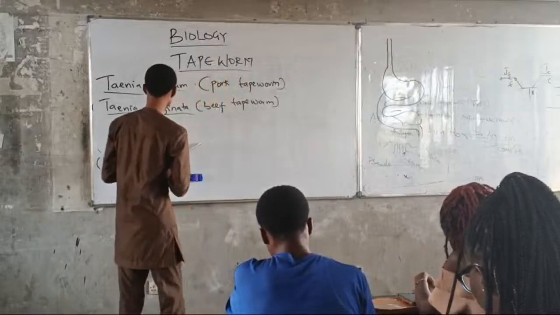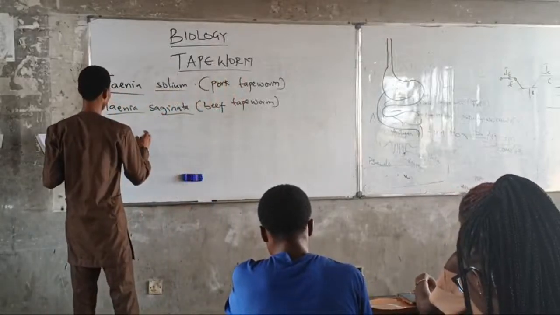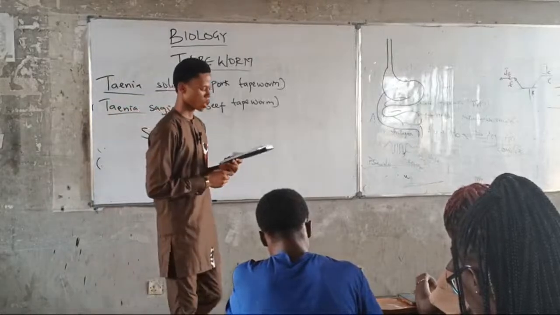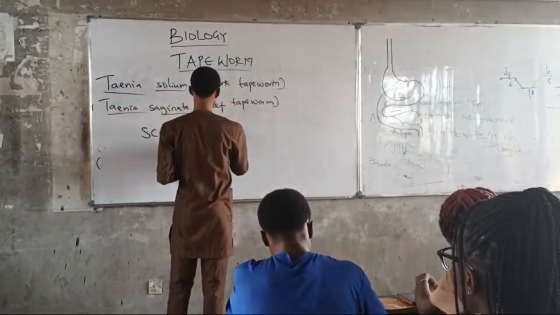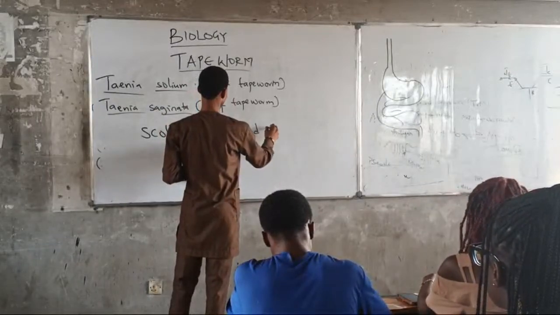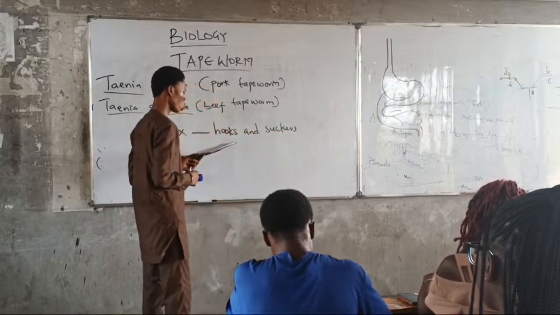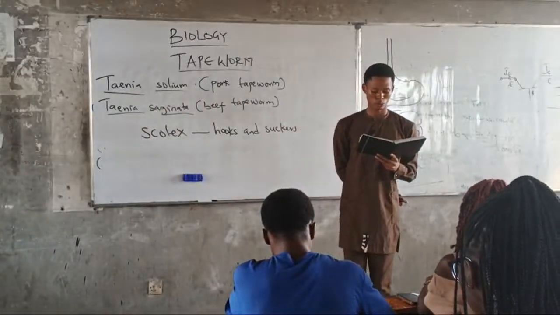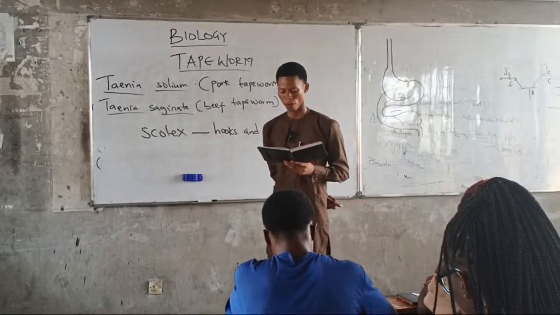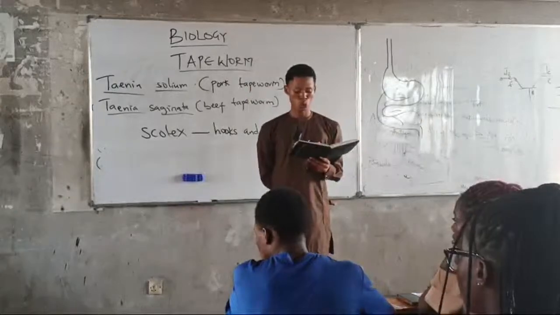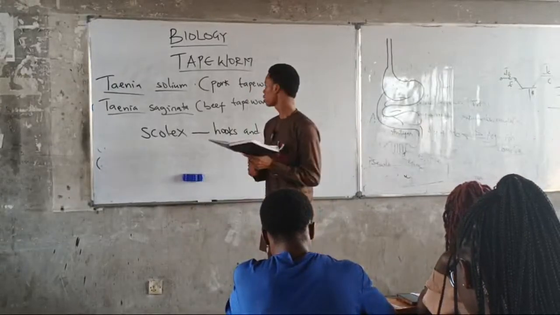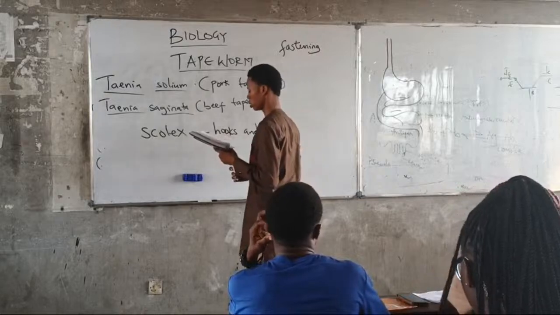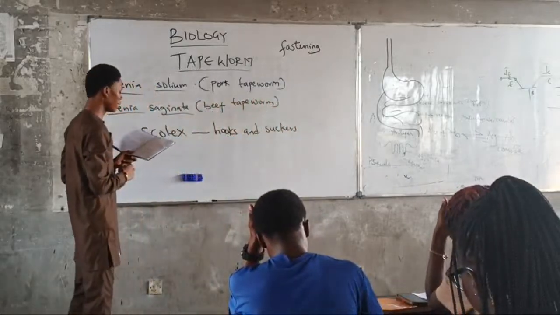The scolex has hooks and suckers, which are used in fastening itself to the lining of the host intestine.